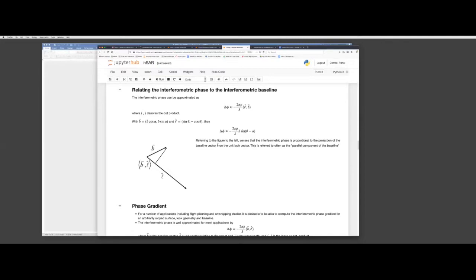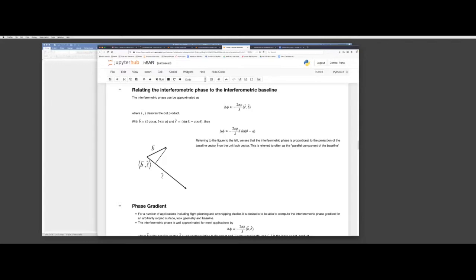If you assume that you're in 2 dimensions here and you characterize B according to this 2-dimensional vector, B cosine alpha, B sine alpha, and the look vector in this geometry is sine theta, minus cosine theta, where theta again is measured from the vertical to the look vector, then you get this classic formula for the differential phase, which is B sine(theta minus alpha).